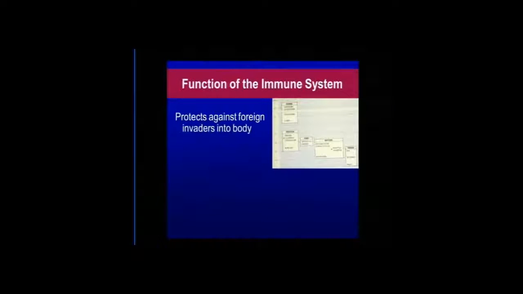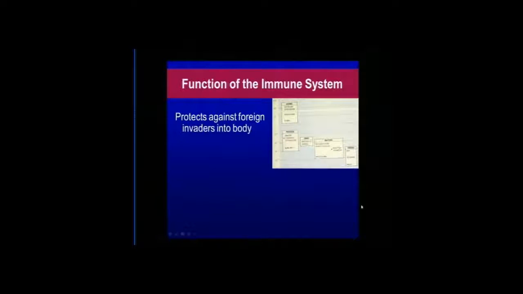If we change gears a little bit to the immune system, the immune system protects us against foreign invaders. And here on the right-hand side, you see a host of invaders. We have worms, protozoa, fungi, bacteria, and viruses. So there are a lot of things that would like to take up residence and live in us or on us.